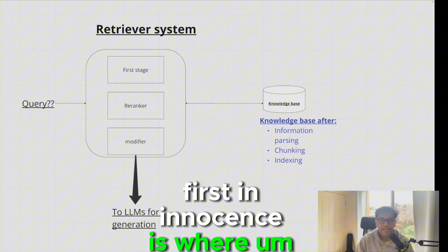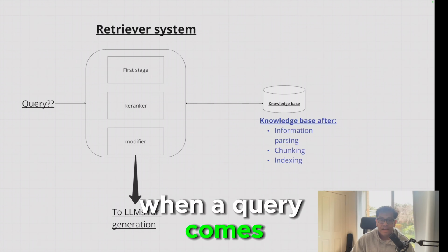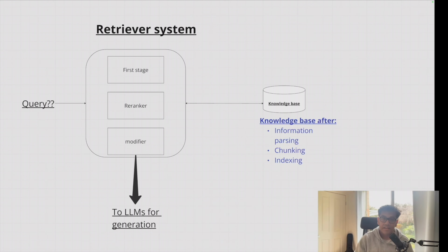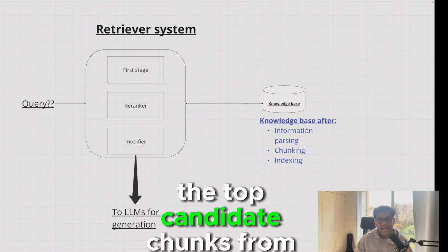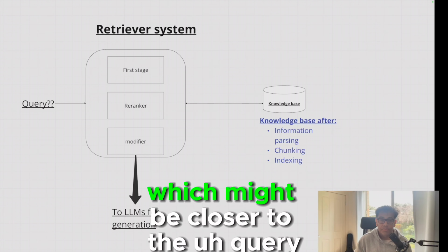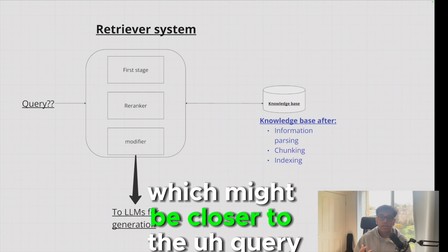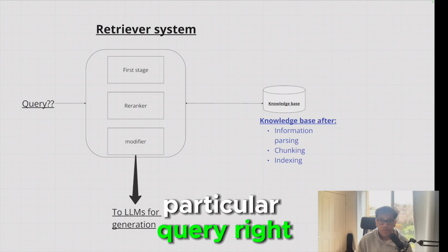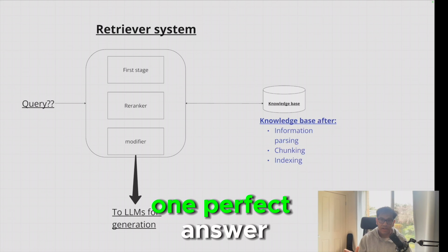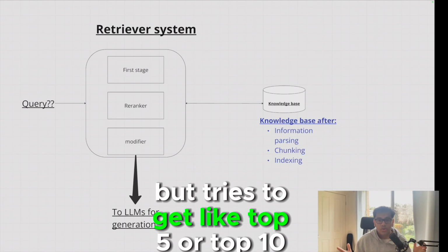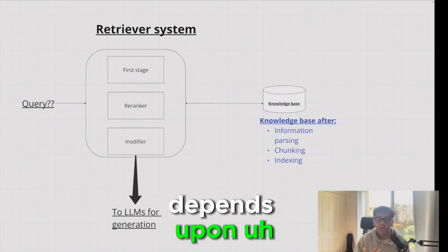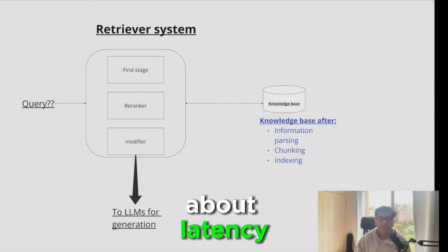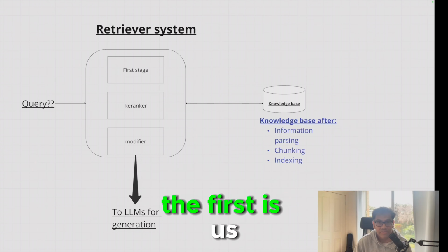First stage in essence is where, when a query comes in, the retrieval system takes the query and tries to find the top candidate chunks from the knowledge base which might be closer to the query or answering that particular query. It doesn't try to get the perfect answer, but tries to get the top 5 or top 10, depending upon how much you are concerned about latency and other factors. That's basically the first stage.